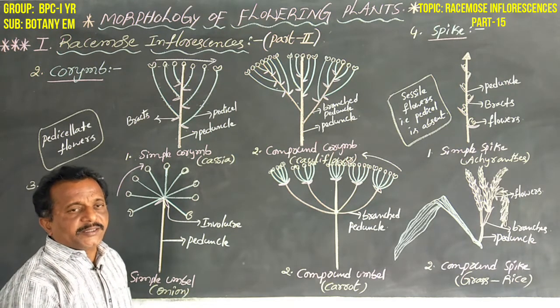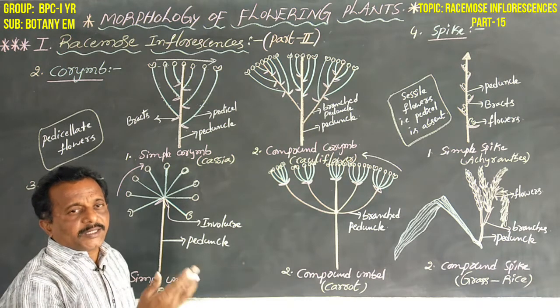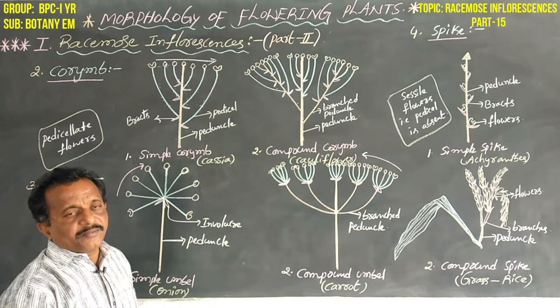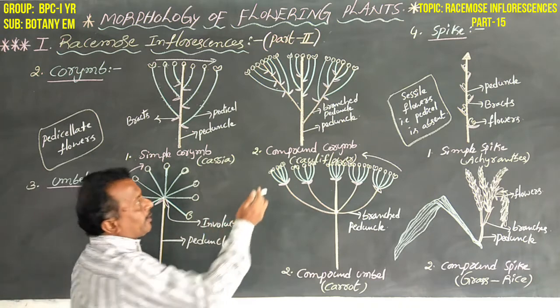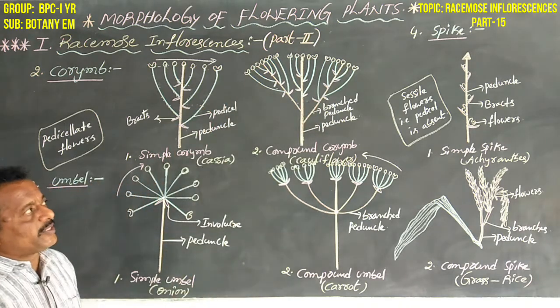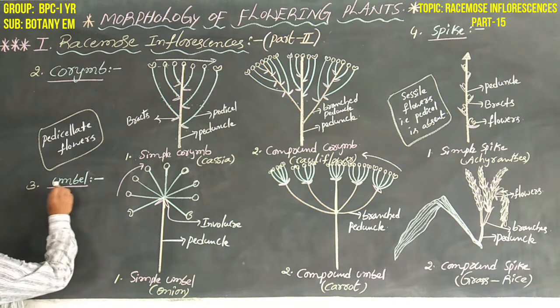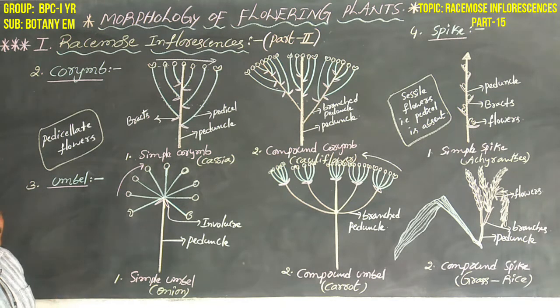Numerous pedicellate, bracteate flowers are present. Flowers are arranged in acropetal manner, and all the remaining characters resemble the simple corymb.